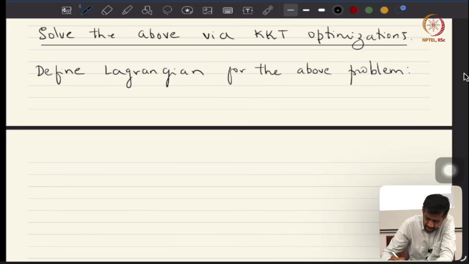Okay, so define the Lagrangian for this. The Lagrangian L will be a function of the variable upon which we are solving the optimization problem and the Lagrange multipliers, let us call them mu.